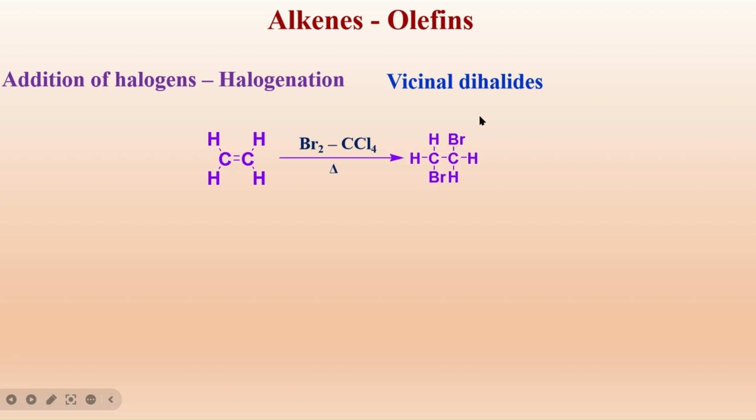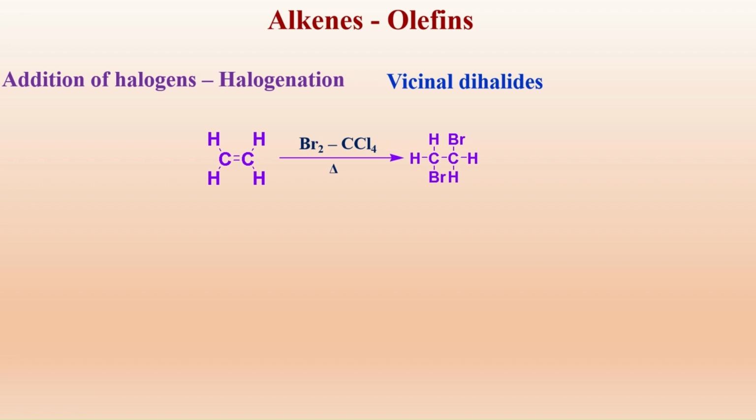One bromine adds above the plane of the carbon-carbon double bond. Another bromine adds below the plane of the carbon-carbon double bond. And this gives the anti-product.